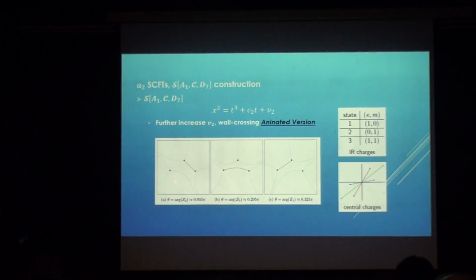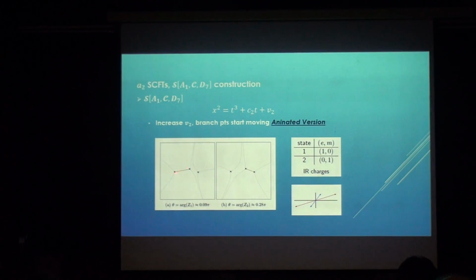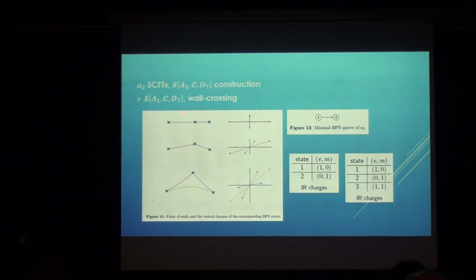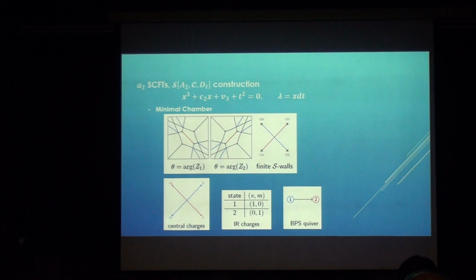Here is a picture showing that originally we have 2 BPS states, and here after wall crossing we got 3 BPS states. Here is a summary of the finite S-walls and how these finite S-walls go from 2 to 3, and the states and their charges.